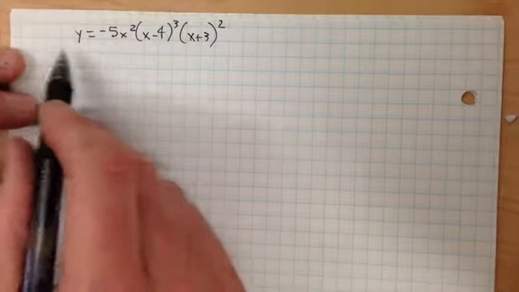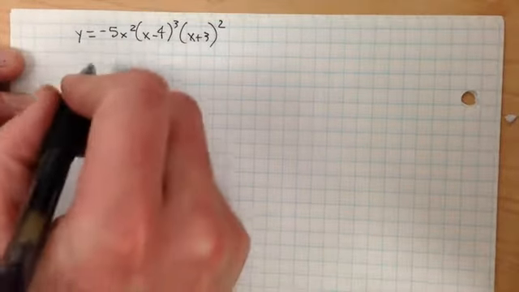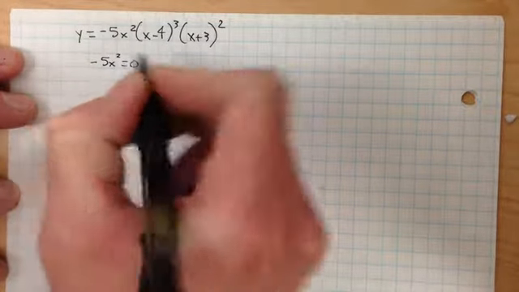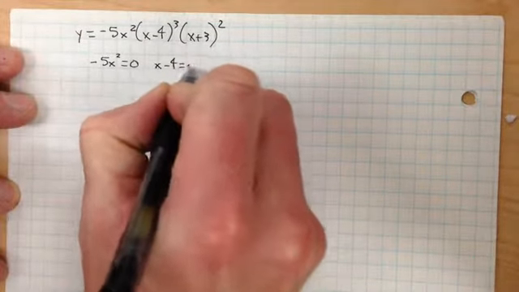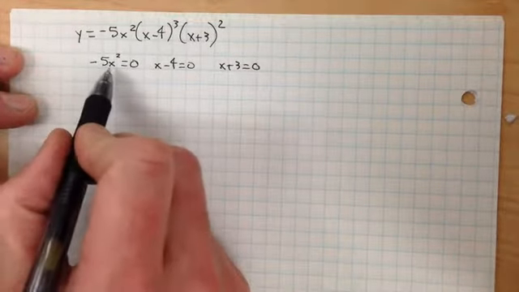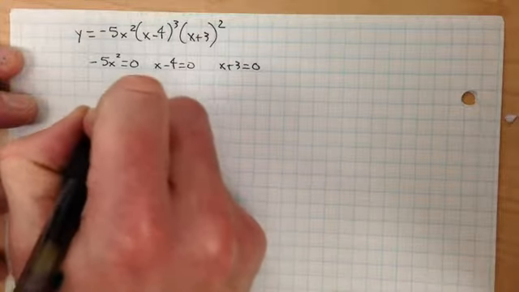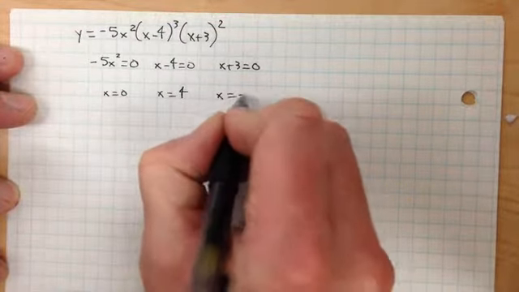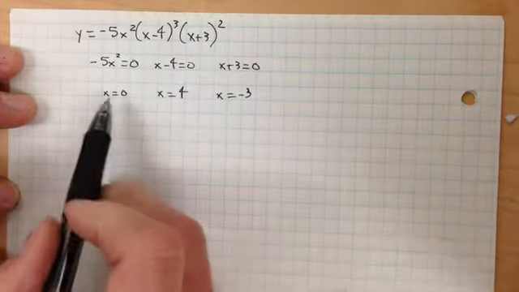All right, so coming through here, when I set this equal to 0, I'm going to take my factors and set them all to 0. X minus 4 equals 0, and x plus 3 equals 0. When we solve this, we're going to divide and then take the root, giving us x equals 0. This would be x equals 4, and x equals negative 3. Trace that back up.